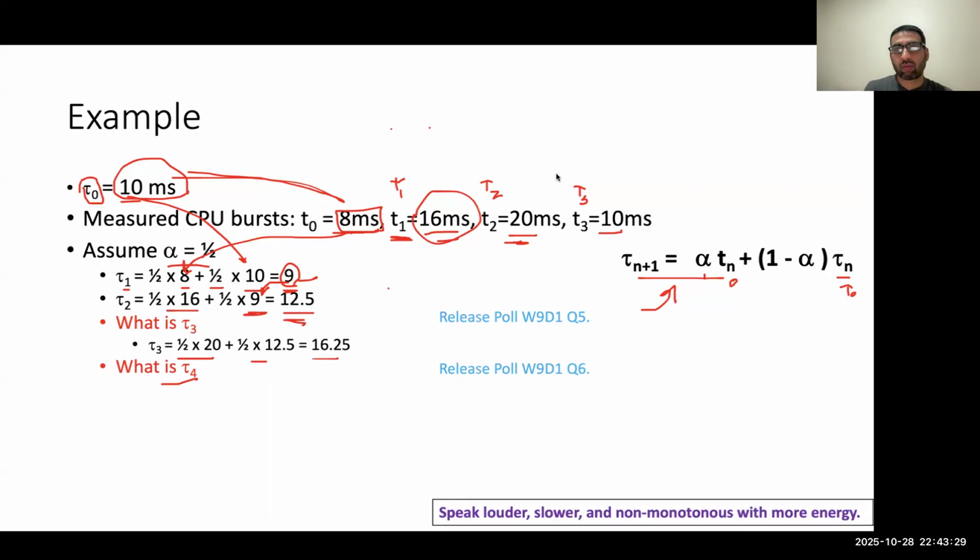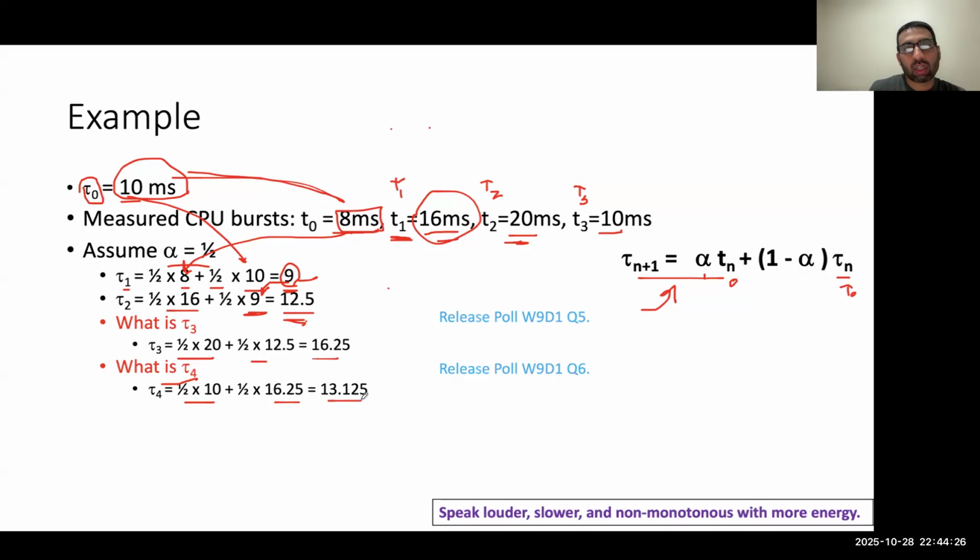Go ahead, 45 seconds. Again, you just simply need to plug in the values of T3 and tau 3 and do the calculation.